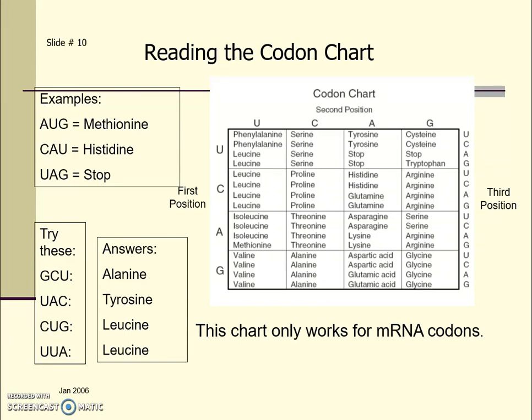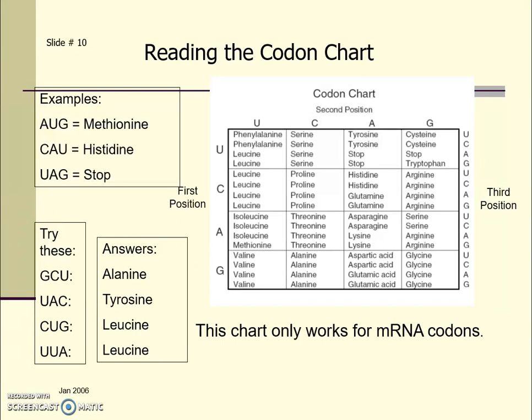Now, if you have to find the corresponding amino acid to U, you will look at the first position U, second position U, and go across on the third position U, and this will correspond to your amino acid phenylalanine.